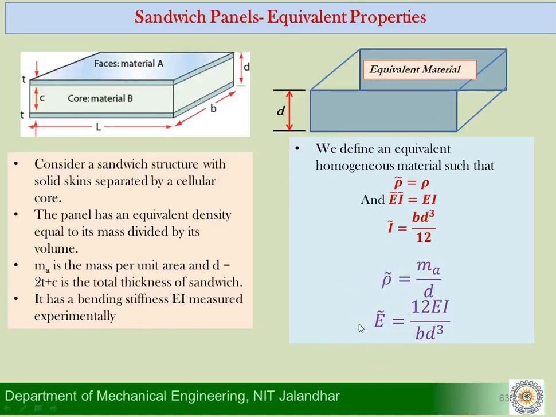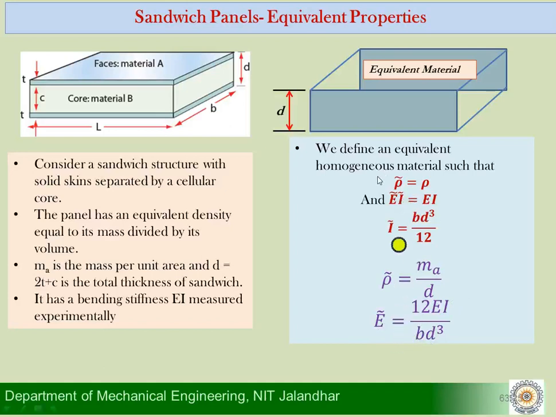E bar here is the equivalent modulus of this material, which is equivalent to whatever modulus you obtained by subjecting this sandwich to bending. And out of that we define that E bar is nothing but 12 EI upon B D cube. It is 12 EI upon B D cube.